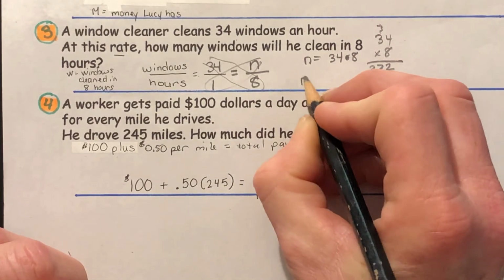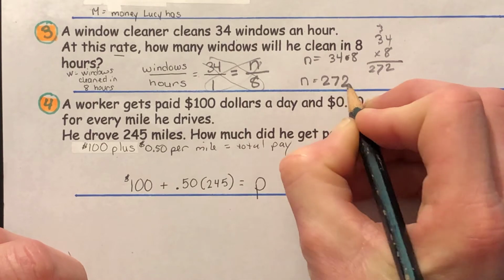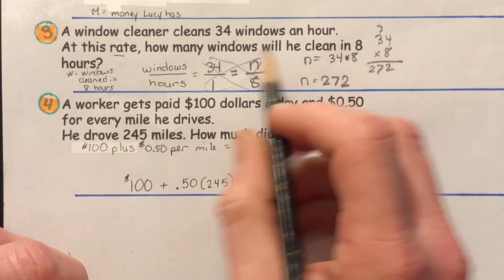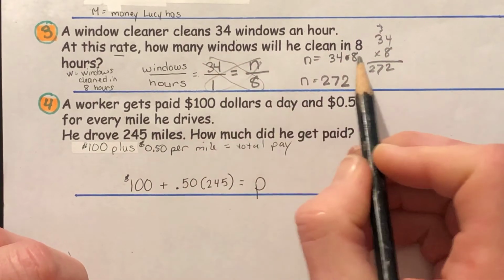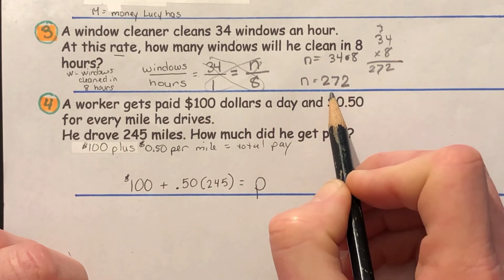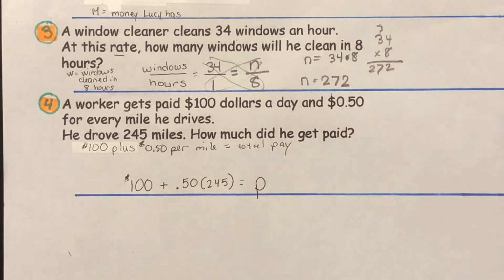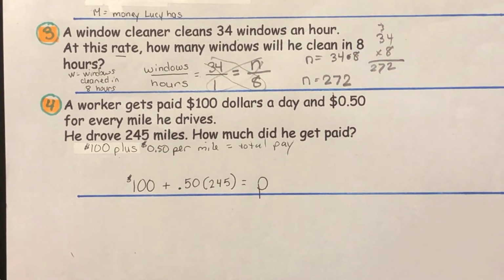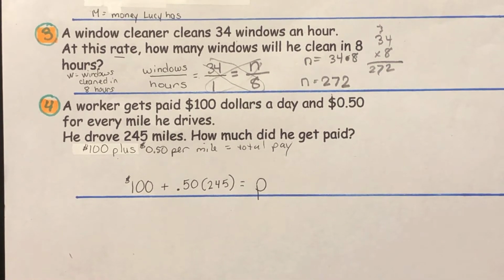N equals 272. So if he can clean 34 windows in 1 hour, then he can clean 272 windows in 8 hours. I think he'd get tired and he wouldn't be able to keep cleaning 34 windows in an hour.